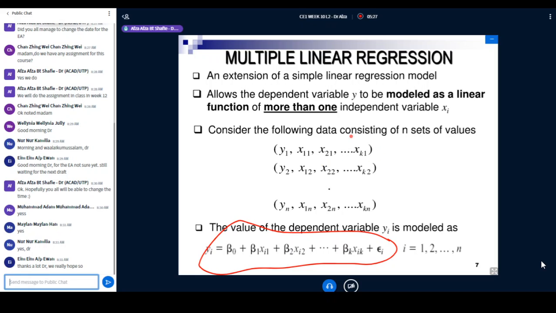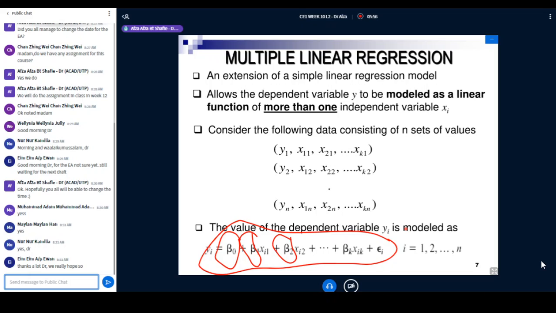So we're going to come up with an equation of y equals beta naught plus beta 1 xi1 plus beta 2 xi2 plus beta 3 xi3, up to beta k xik. Basically we're still trying to find beta naught, beta 1, beta 2, and so on up to beta k.